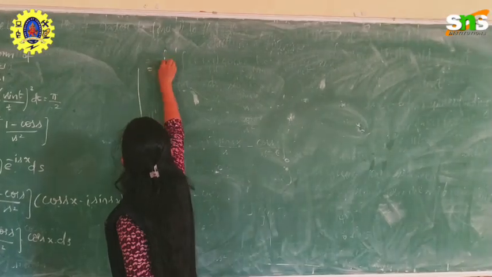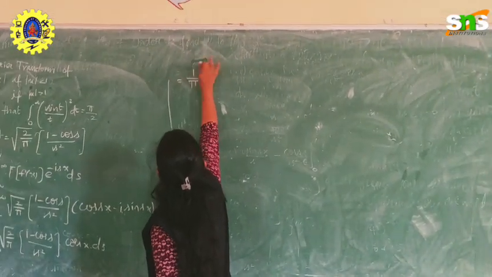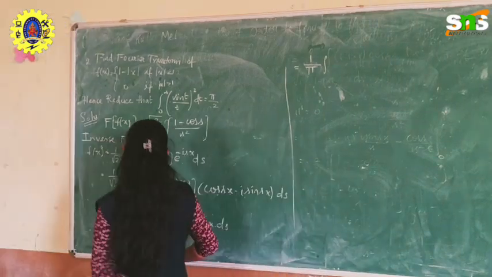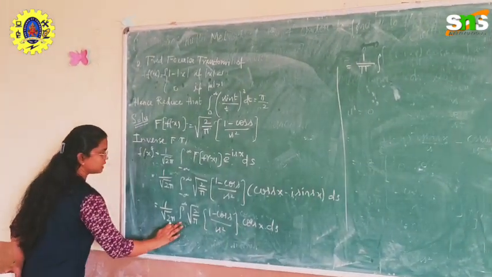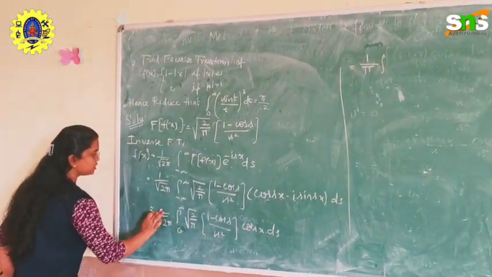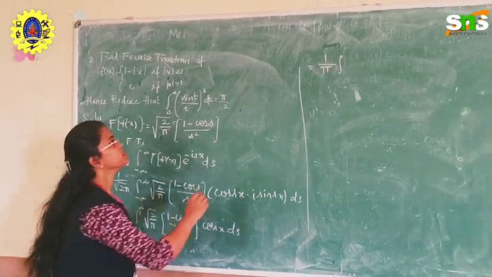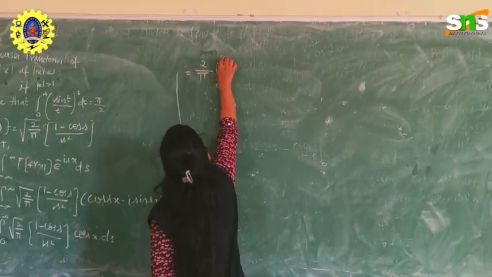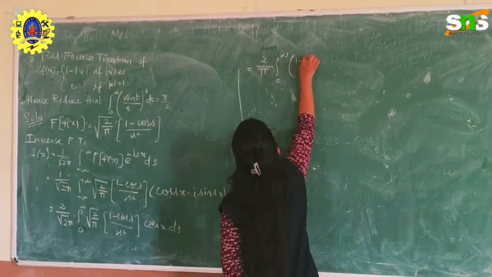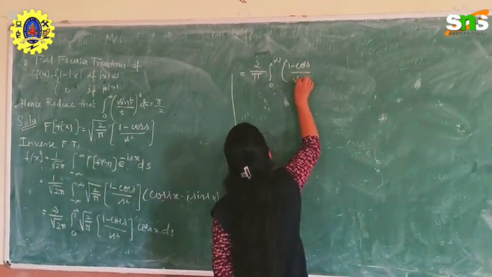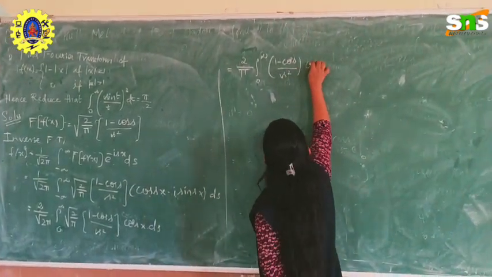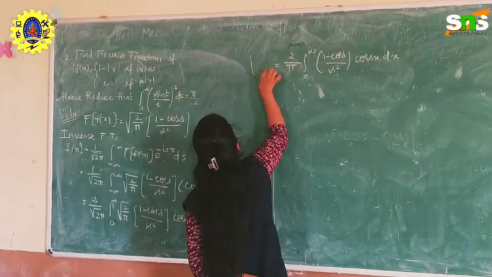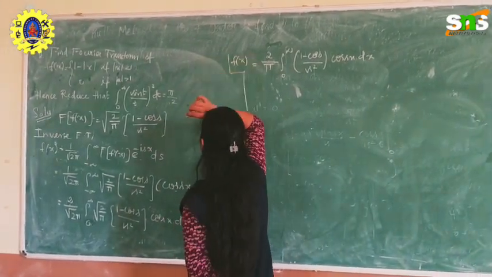So I'm just taking 1 divided by pi integral. Here this term is even, right? So I'm writing 2 times 0 to infinity. So now 2 divided by pi integral 0 to infinity (1 minus cos s) divided by s square cos sx into ds. The left hand side will be f of x.